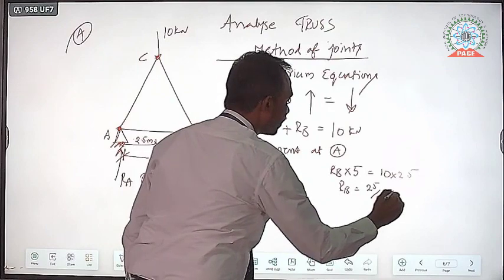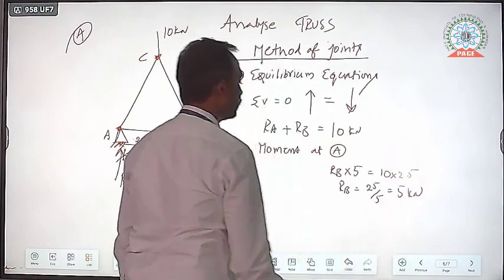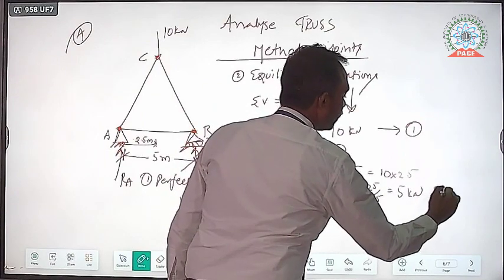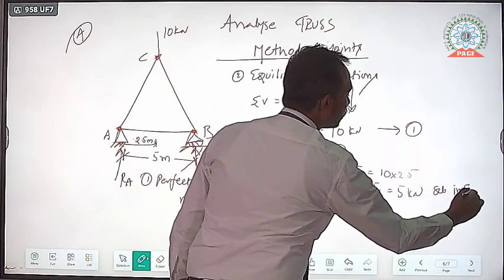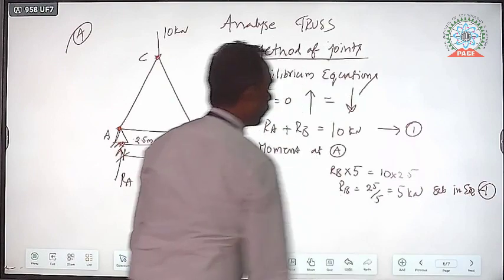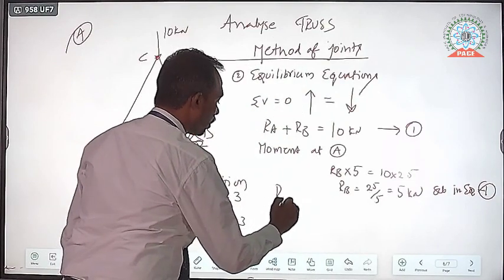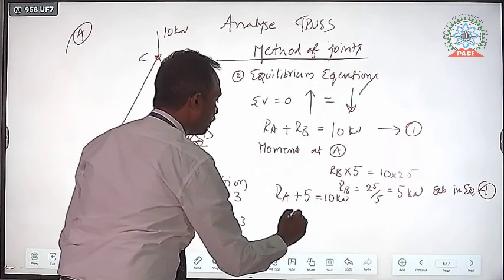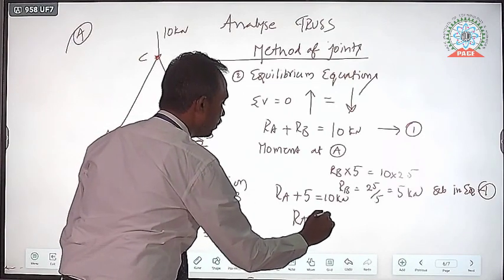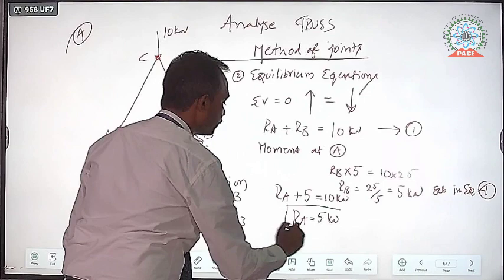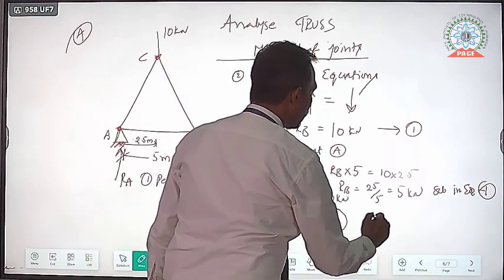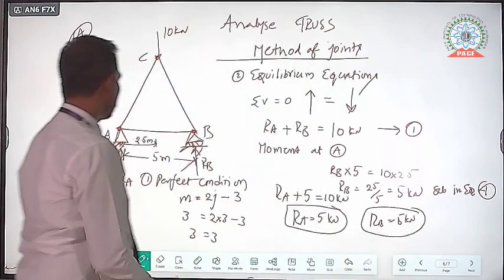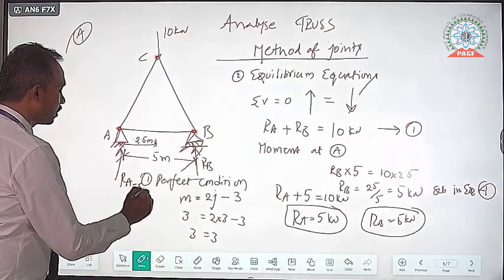We substitute in equation 1, we will get RA plus 5 is equal to 10 kilonewtons, RA is equal to 5 kilonewtons and RB is equal to 5 kilonewtons.